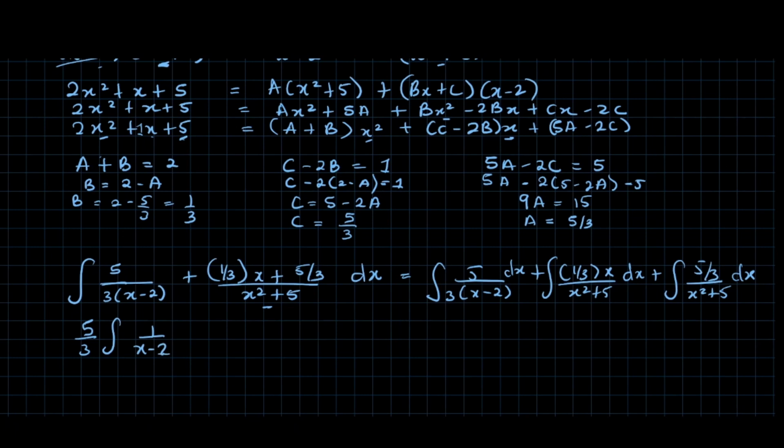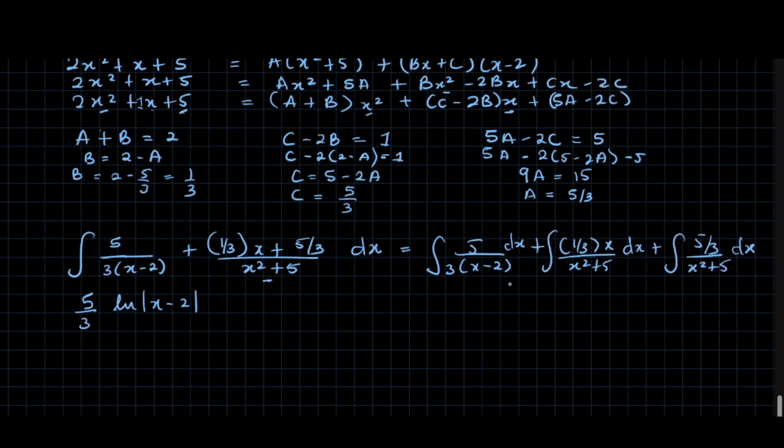Integrating the first one, 5 over 3 is a constant so I brought it out. The integral of a reciprocal is simply ln, so this is just going to become 5 over 3 ln|x minus 2|. For the next one, it's going to be a bit tricky. You can bring out 1 over 3 because it is a constant, leaving x over x squared plus 5. This is not a reciprocal with 1 on top, so we have to use the substitution method because this is a function within a function. Let u equal x squared plus 5.